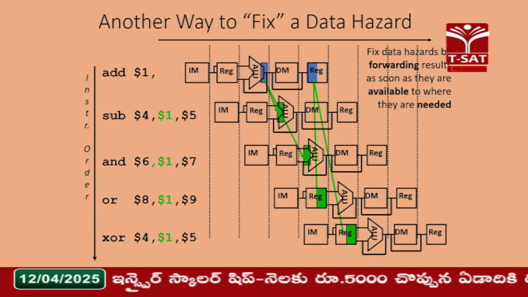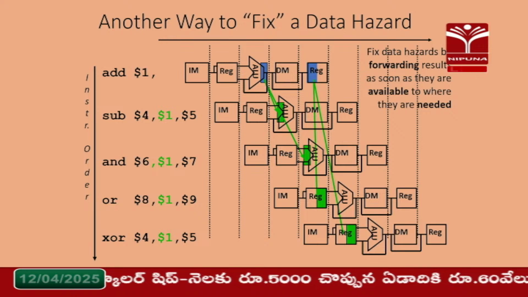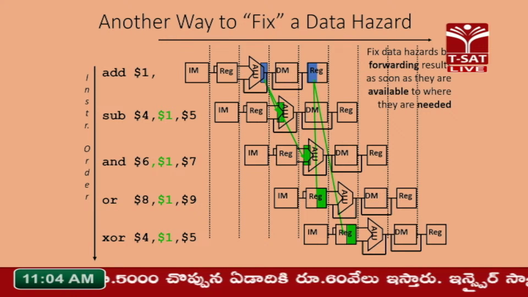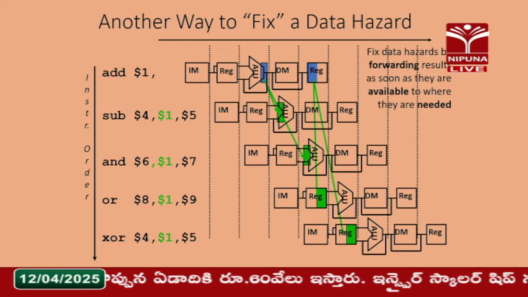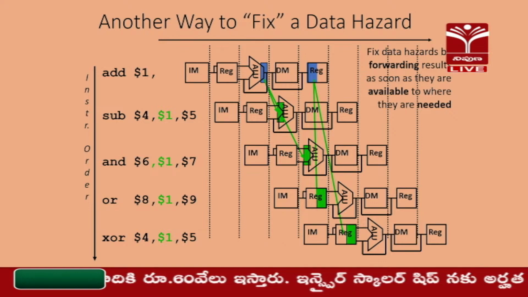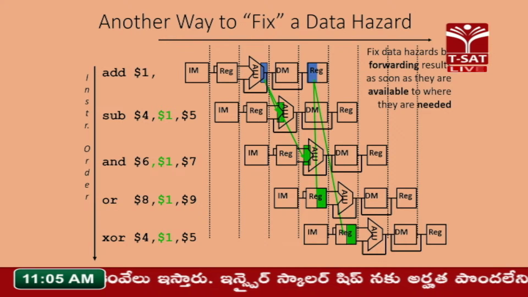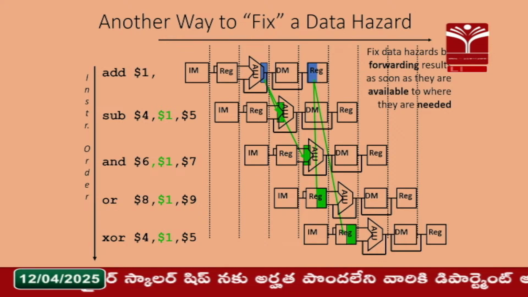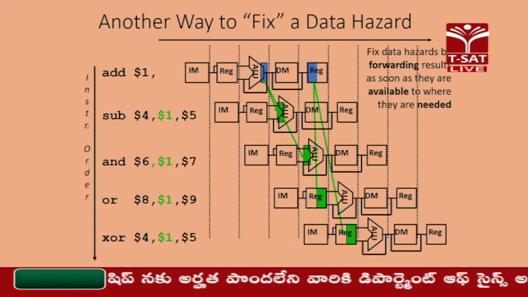This increases the complexity of the control unit a bit, but compared to the previous case where I showed the stall, rather than wasting those 2 clock cycles, you are able to create this data path and resolve the hazard without stopping the pipeline, right.